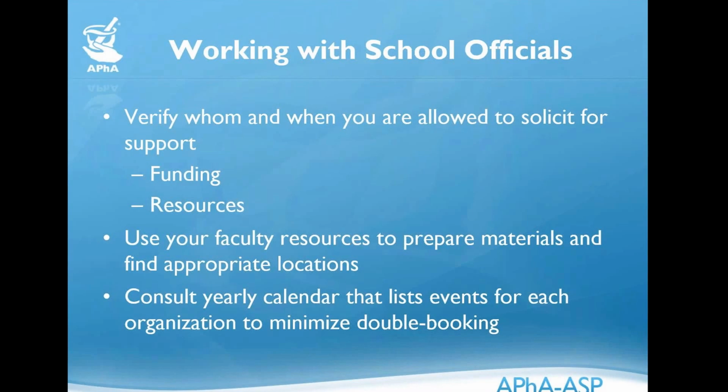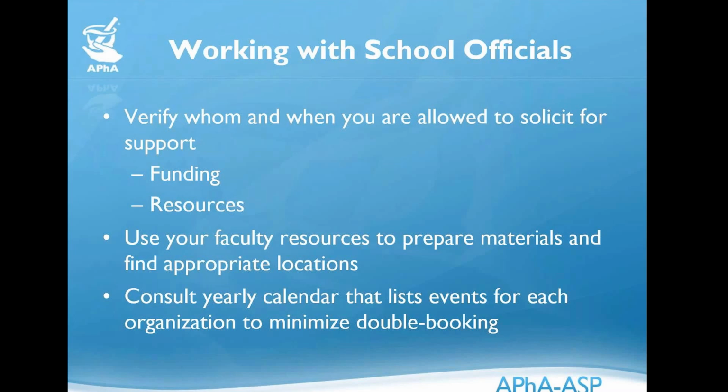Some schools are very open and they allow you to approach anybody about soliciting their time or money or using their resources if you're maybe going to collaborate with another entity on campus, another club or another organization. But some schools have very strict guidelines regarding that. So please do contact the appropriate school officials, whether they be in your student activities office, your residence life office.